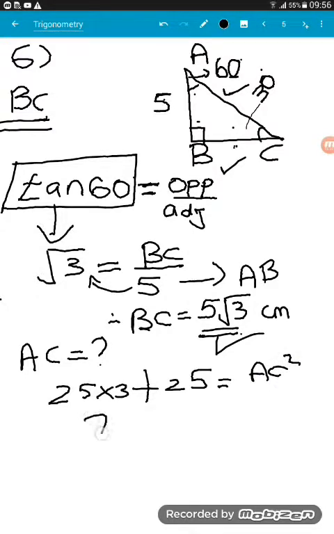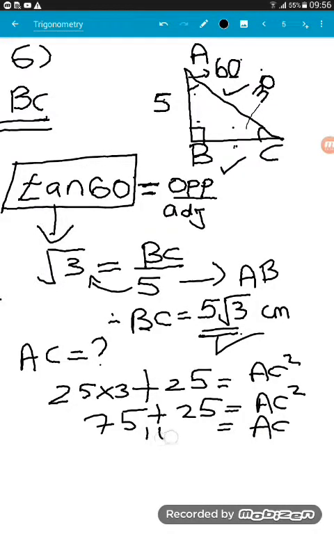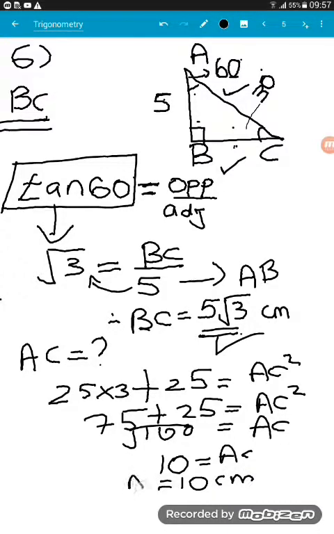Now 25 into 3 is nothing but 75, plus 25 equal to AC square. Therefore AC equal to root 100, that is nothing but 10 centimeter. So this is how you got AC. Here we got BC.